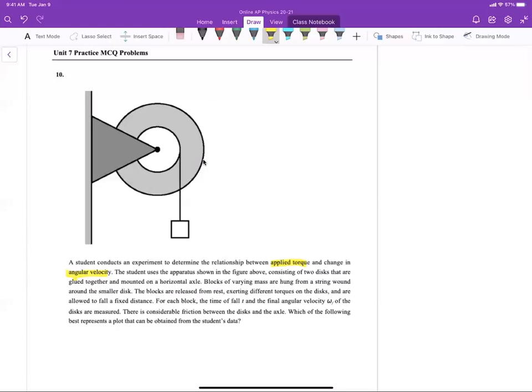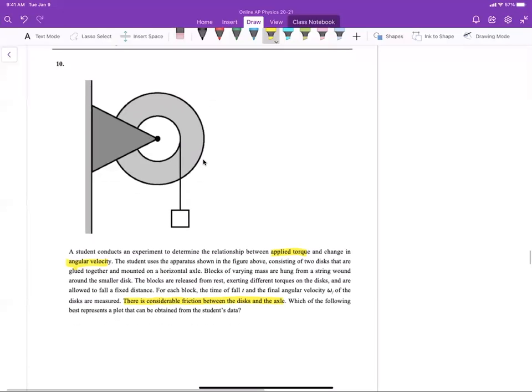They exert different torques and are allowed to fall a fixed distance. For each block, the time of the fall t and the final angular velocity of the disc are measured. There is considerable friction between the disc and the axle. Which of the following best represents the plot?